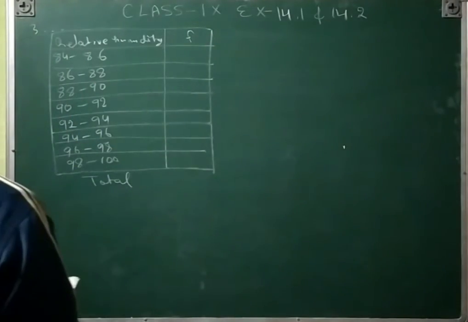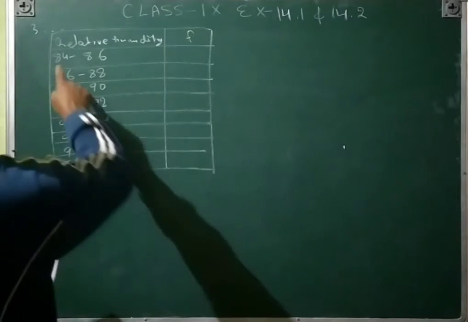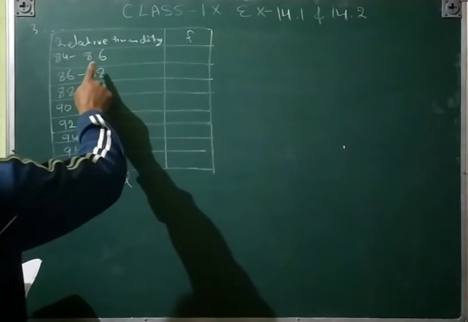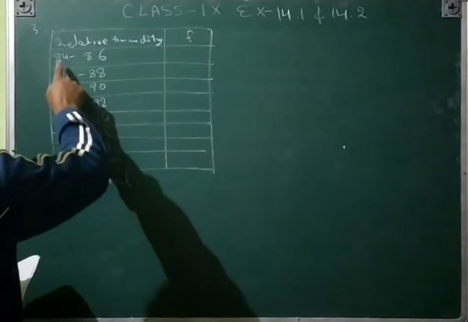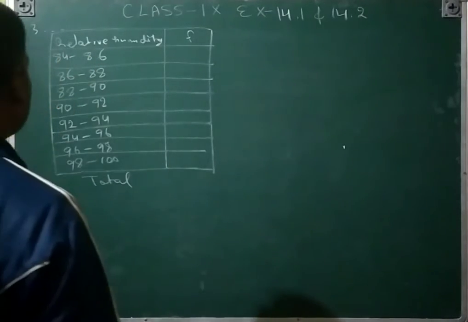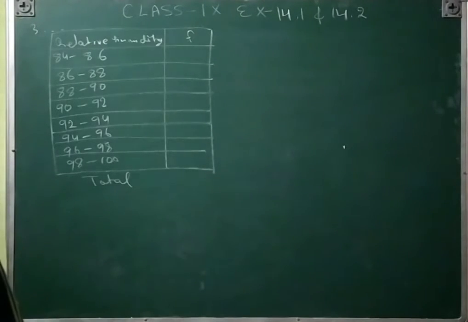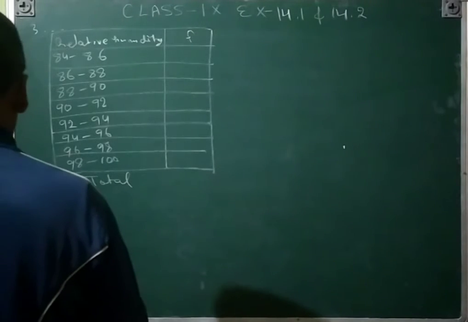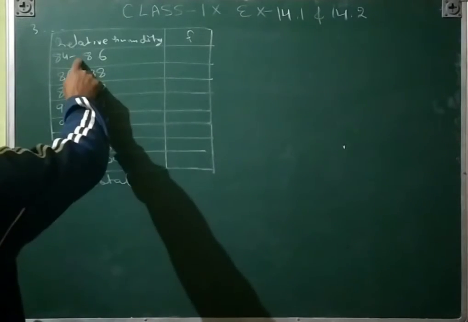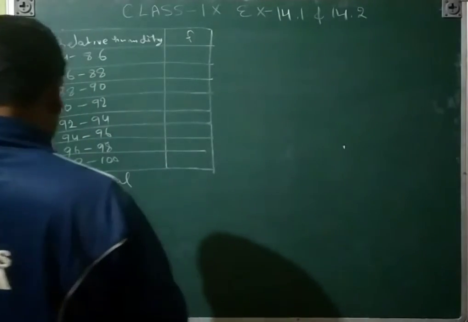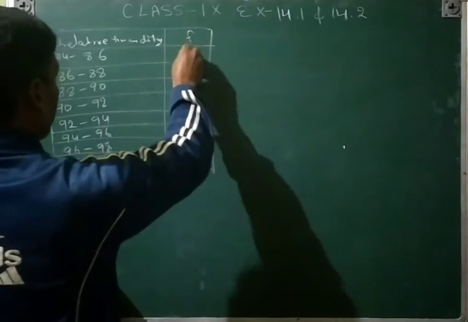Now you will see 84 to 85.9; 86 is not included here, 86 will be included in the next class. So how many times do 84 and 85 appear in the table? Only 1.